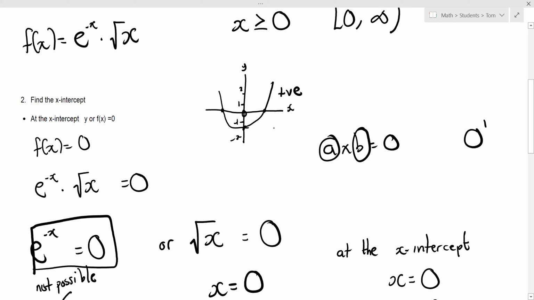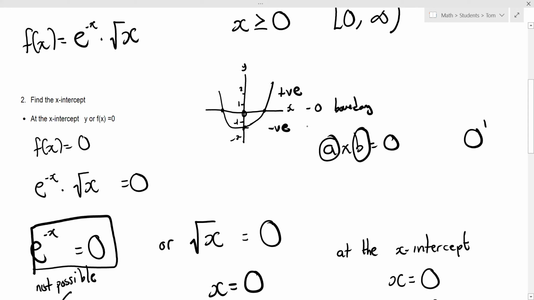If it's below the x-axis, it's negative, because the value of y, or you can say the value of f of x, is negative, and if it's on the x-axis, that's like 0. So I like to take this as a boundary for the sign. You go above, you have a positive sign. Go below, you have a negative sign.